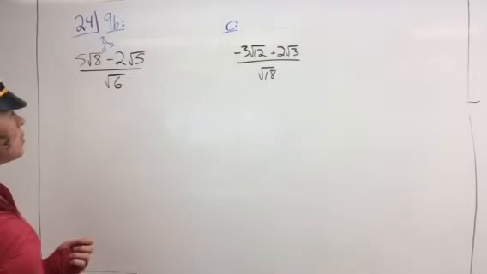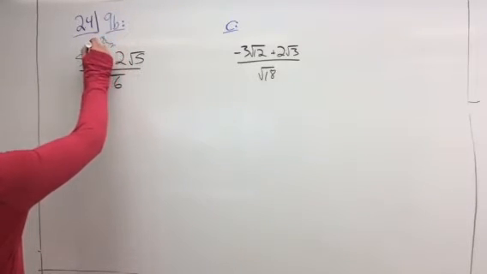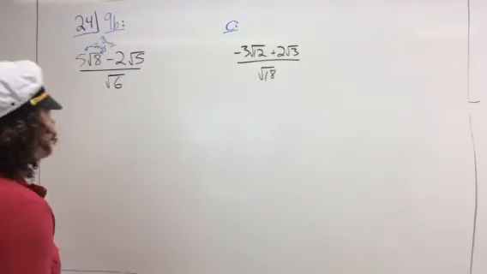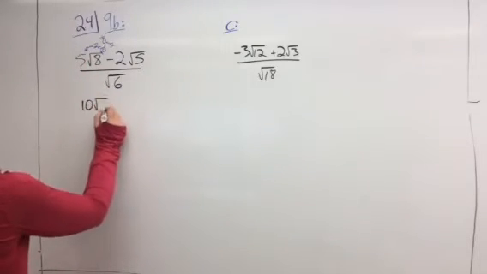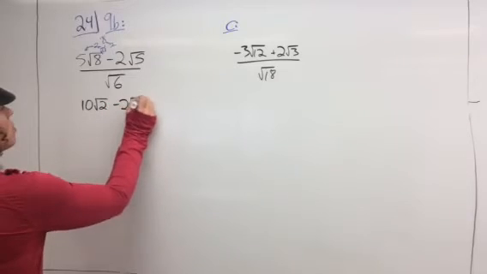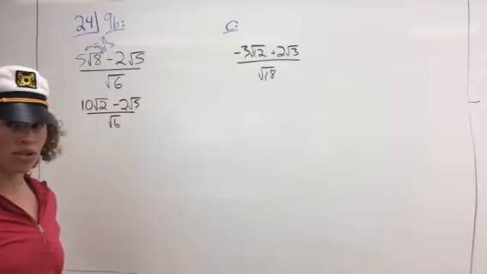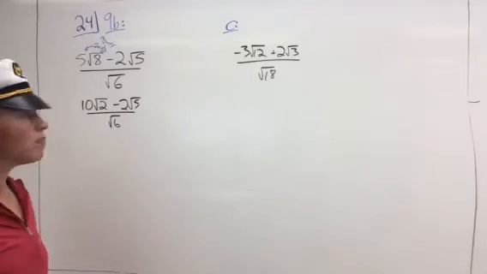And if it's 4 times 2, I know that the square root of 4 is 2, so I'm going to take a 2 out of the brackets, and I'm going to rewrite this equation as 5 times 2 is 10 root 2 got left behind, minus 2 root 5 over root 6. So you have to do that before you start, otherwise the numbers are going to start getting ugly and you'll end up with a problem.